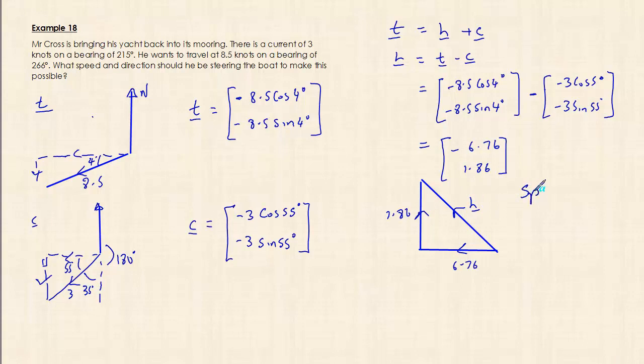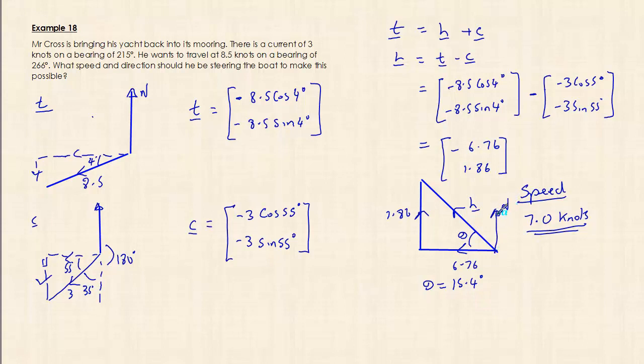So Pythagoras will find us the speed, and that turns out to be 7.0 knots in this case, correct to 1 decimal place. And then if we work out the angle there, it turns out to be 15.4 degrees.